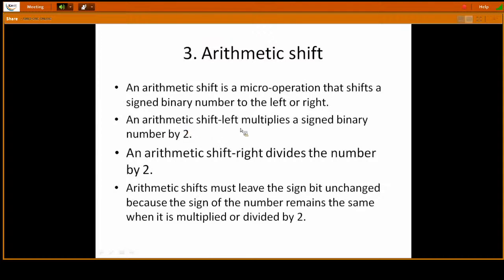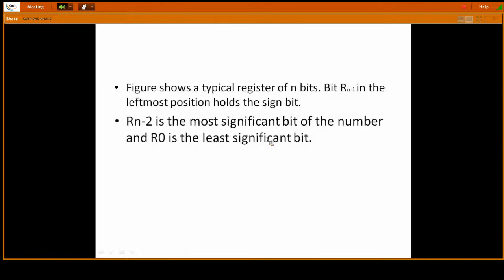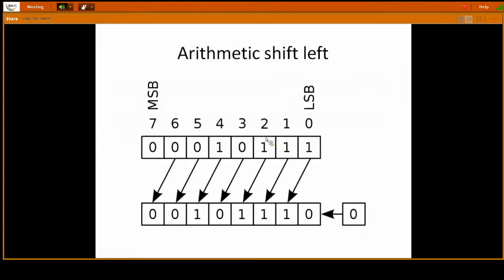Here I have included that point. An arithmetic shift left multiplies a signed number by 2, right? So if you are performing an arithmetic shift left on a number with the value 6, then you will get the result as 12. Now, one more thing to be remembered here in shift left is, here the MSB bit is 0. That means it represents a positive value. Whenever any value is multiplied or divided, the sign won't be changed.